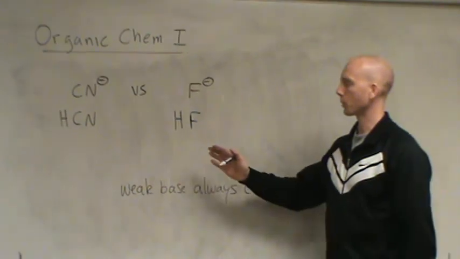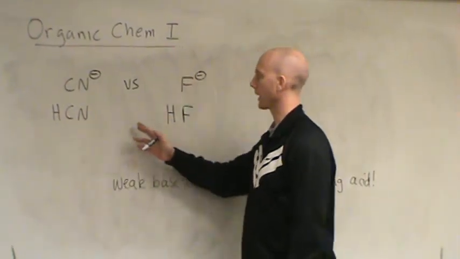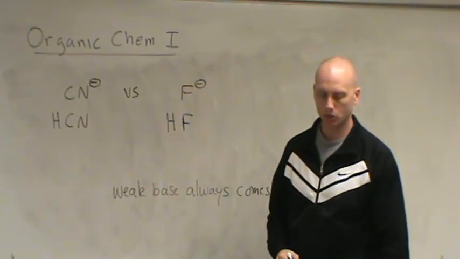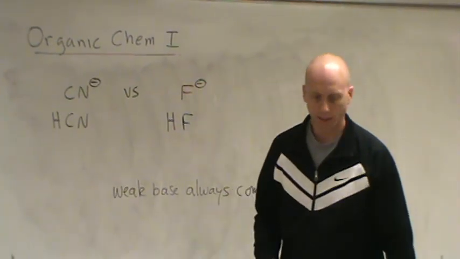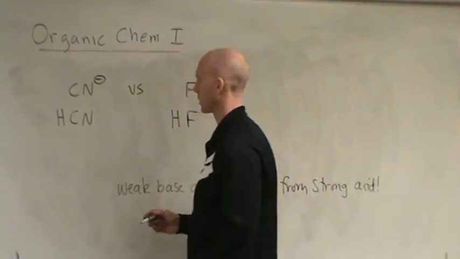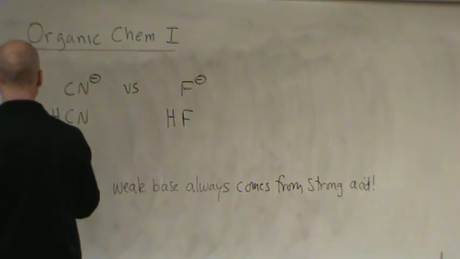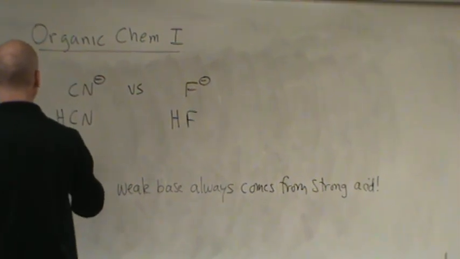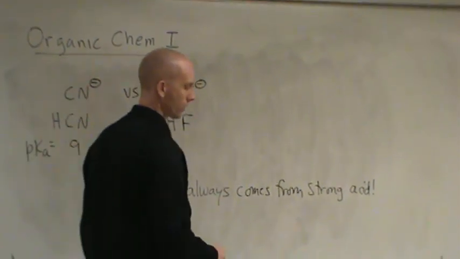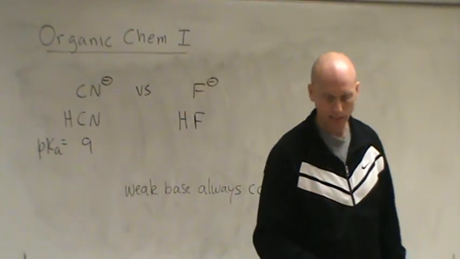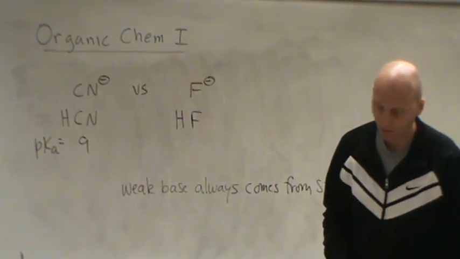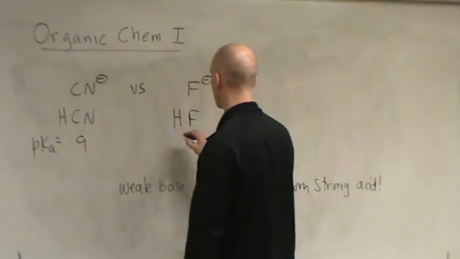I would then look up the pKa's of both of these acids. The pKa of HCN is 9, and the pKa of HF is 3.